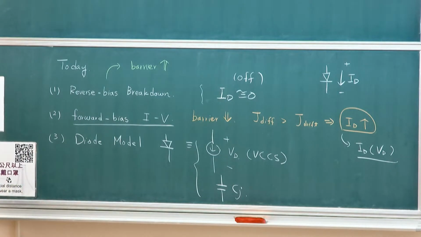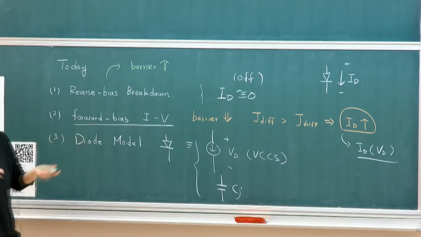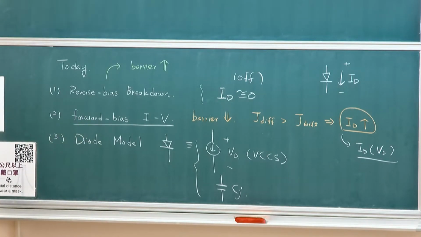I typically refer to this as the bridging between devices and circuits. If you're a circuit designer, what you typically do is construct an architecture and insert these devices into it, and expect to know what the ultimate circuit performance will look like.